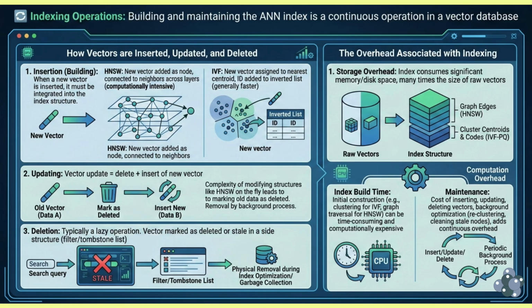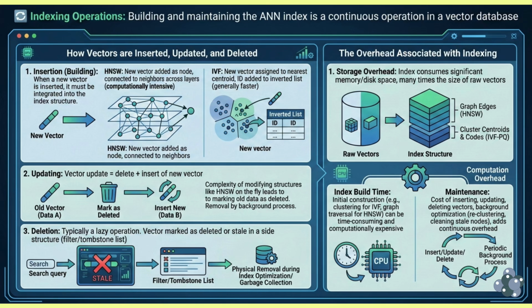So building and maintaining the ANN index is a continuous operation in a vector database. So now let's talk about how vectors are inserted, updated, and deleted. So when a new vector is inserted, it must be integrated into the index structure.